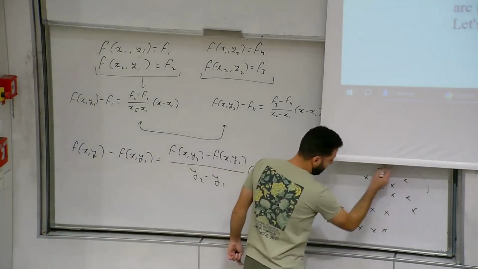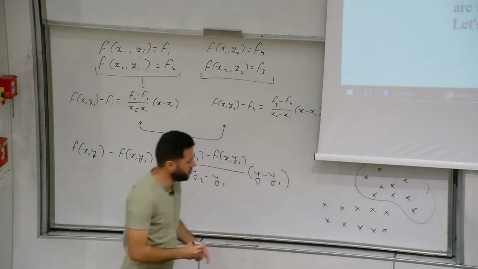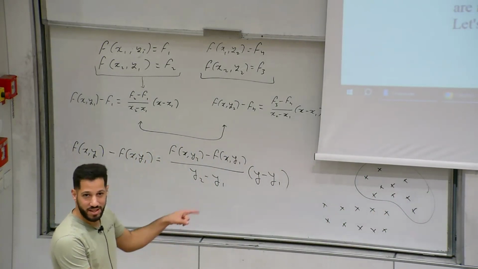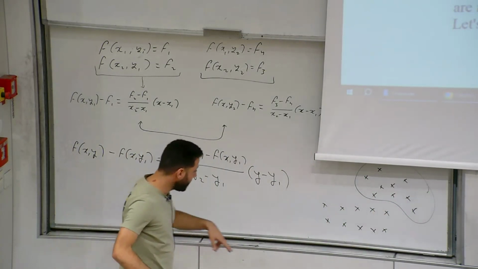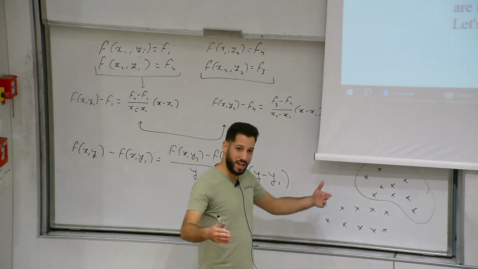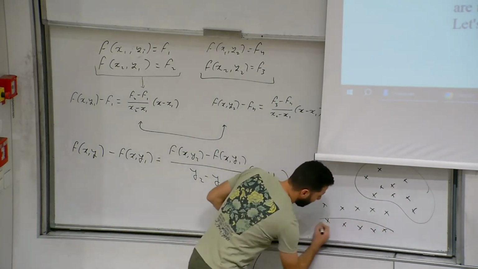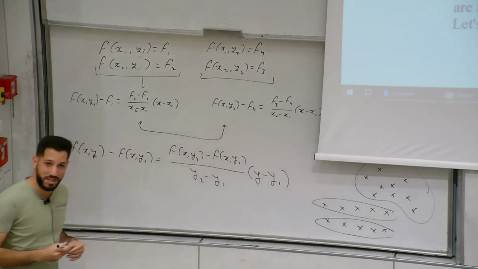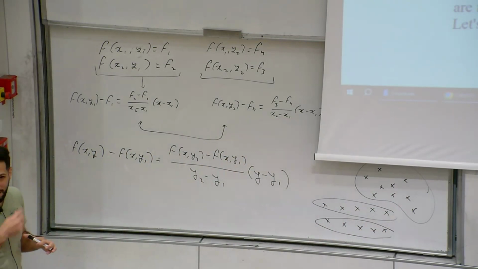So in the general given data, the complexity is big. But if the data is ordered like this, I can do this interpolation only at every axis and then combine them, and the complexity is much lower. Okay.